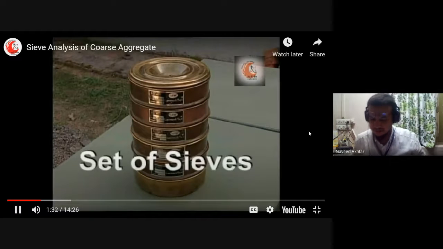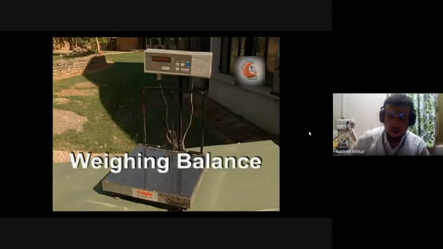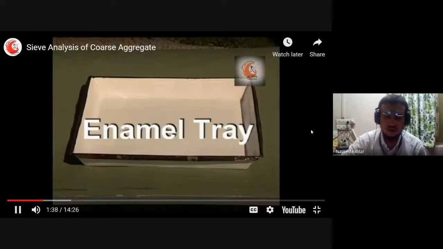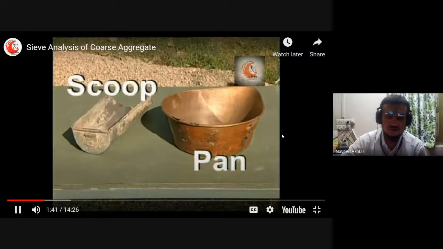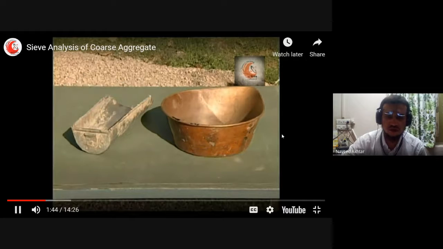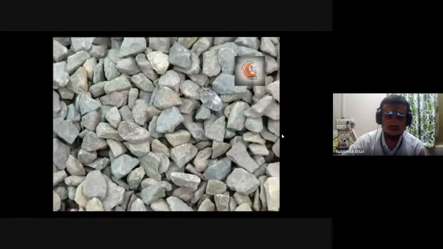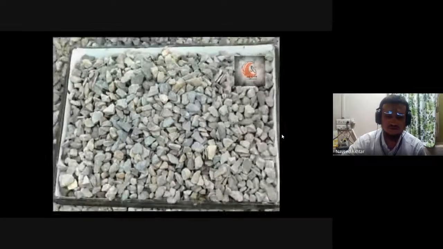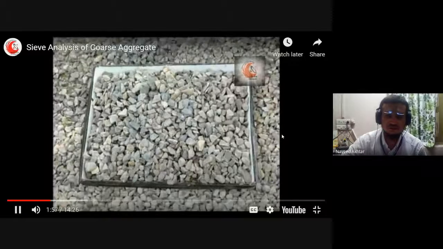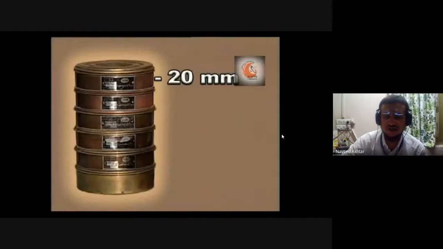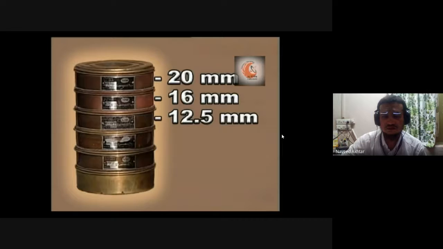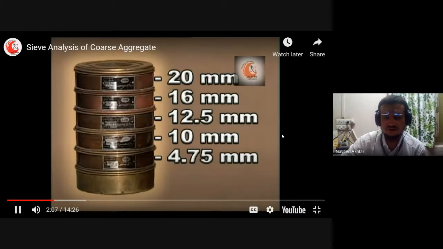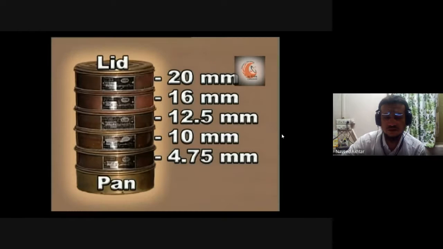You'll see how the coarse aggregate particle sizes are determined. These are the apparatus required for the sieve analysis. So we are taking the 20 mm size and last the pan.